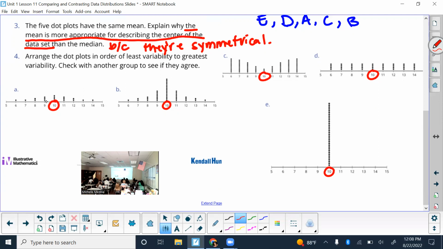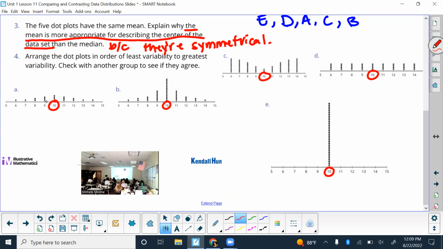All right, the fourth thing and the last thing you'll do today is to arrange the dot plots in order of least variability. So what does variability mean again? Most different answers, good. So least most different answers to greatest most different answers. So least spread out to most spread out.